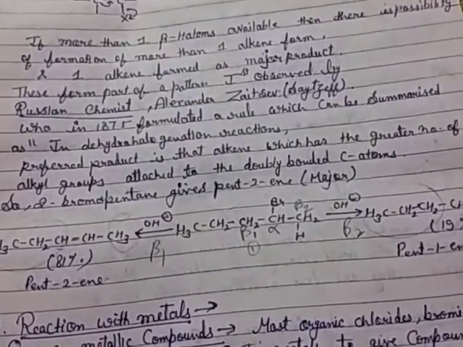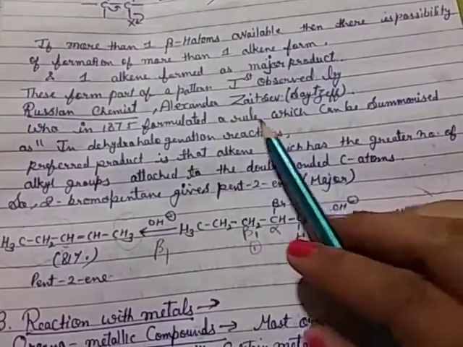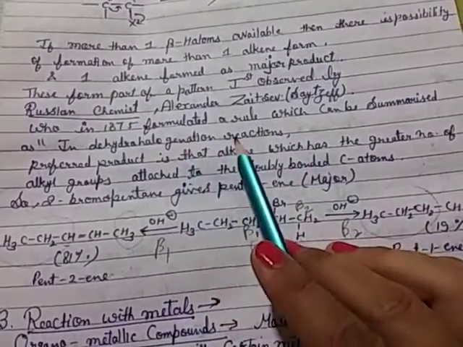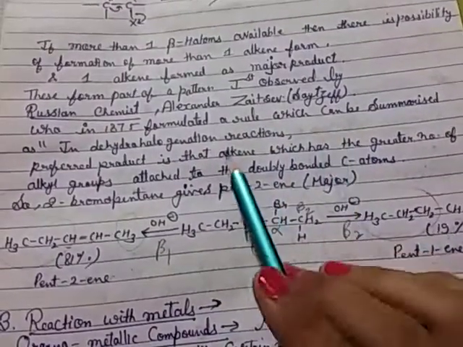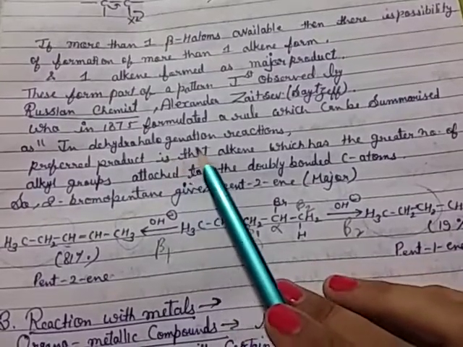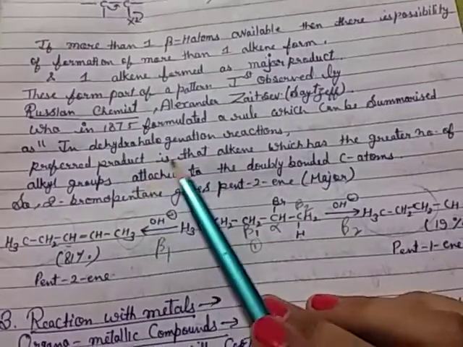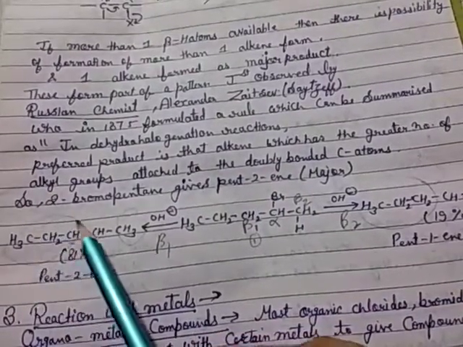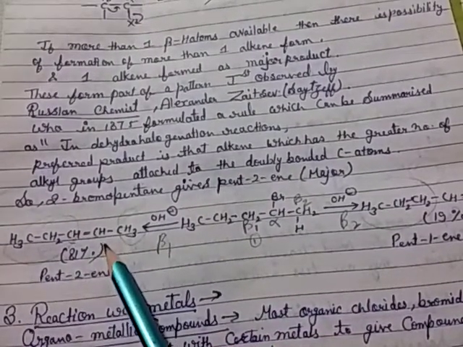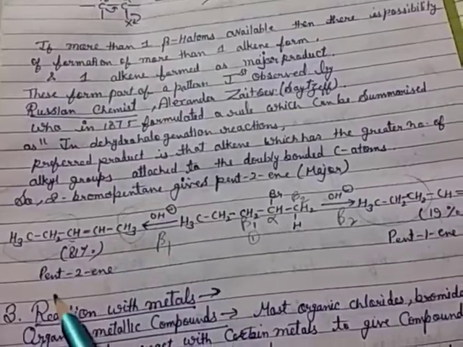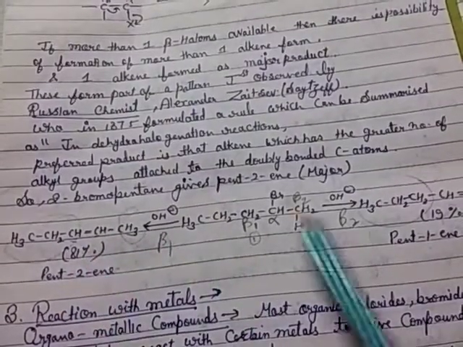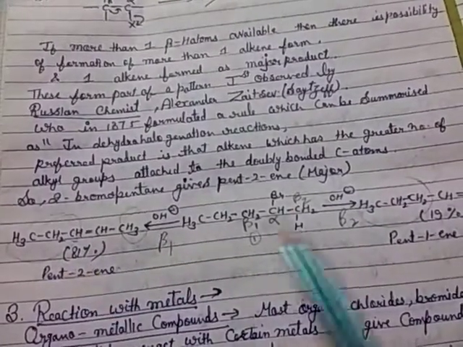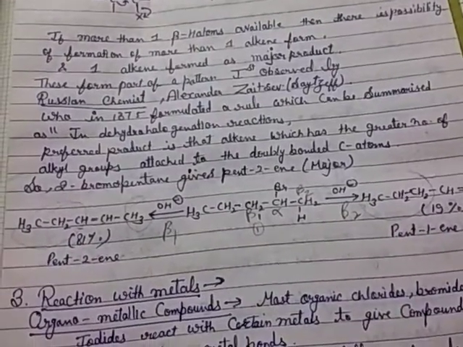So according to Alexander Zaitsev's rule, the preferred product is the alkene with the greater number of alkyl groups attached to the doubly bonded carbon atom. So 2-bromopentane gives pent-2-ene as major and pent-1-ene as minor.